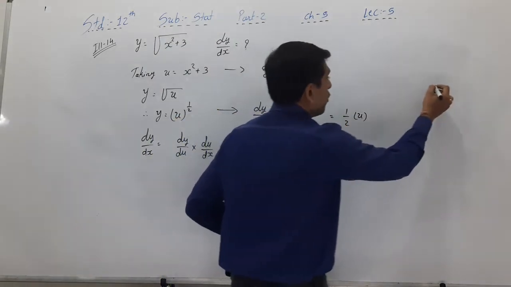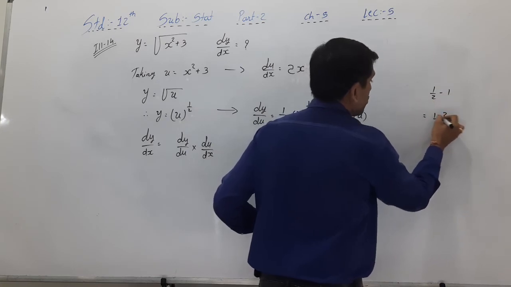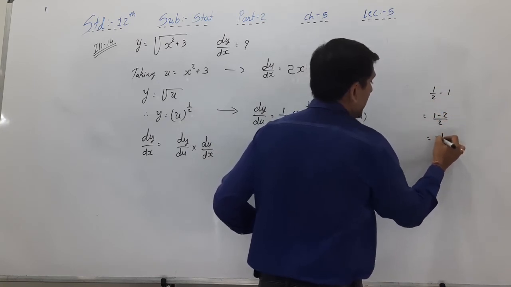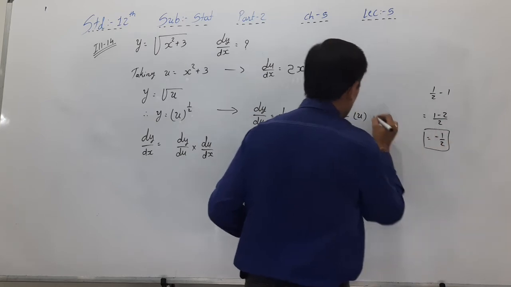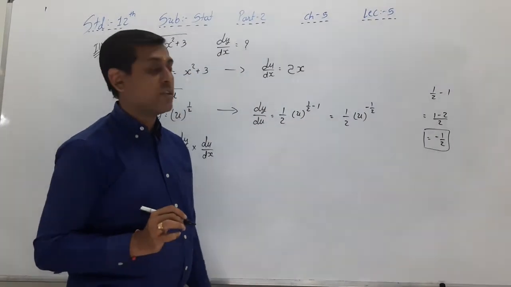Taking the LCM, 1 minus 2 divided by 2, so minus 1 by 2 is the answer.